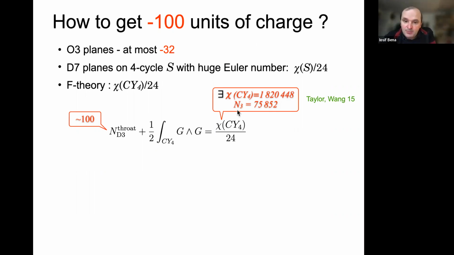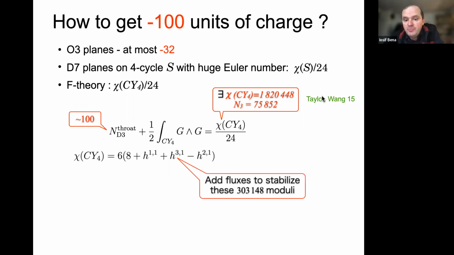So the tadpole contribution is 75,000. So you say, no problem. I have 100 units in the flux, but the Calabi-Yau has 75,000 negative units, and therefore there's no problem. I can just do flux compactification without any problem.